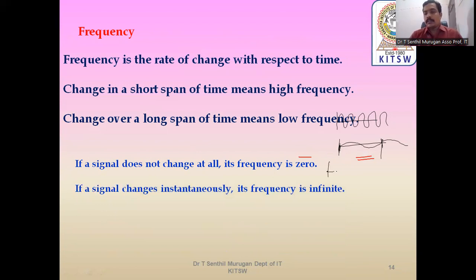So frequency is not changing means it is not going up and down. It is simply going on. That means frequency equals zero. Okay. So if the signal changes instantaneously, it is going like that. It will continuously change the values. That is infinity.